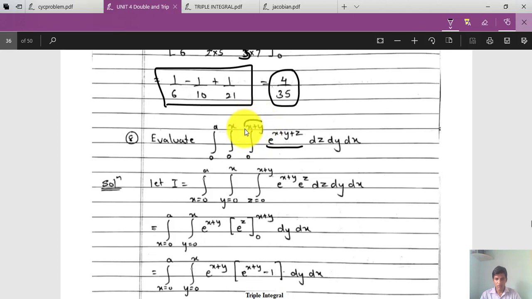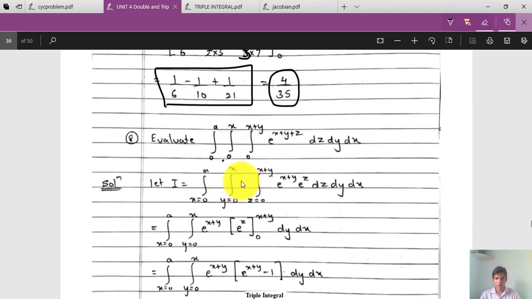The x and y variables are expressed, so definitely z goes from 0 to x plus y. Since this is x, y goes from 0 to x. Since y and z are the variables taken, the one variable left out is x, from 0 to a. This is how you should figure it out. Once you figure it out properly, there is no problem evaluating it.